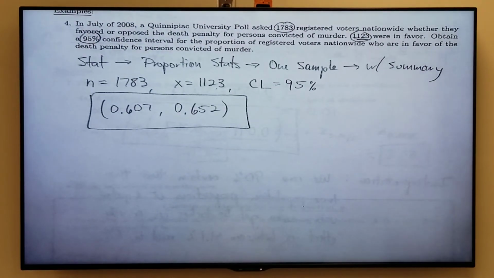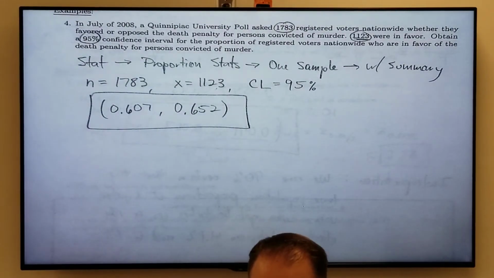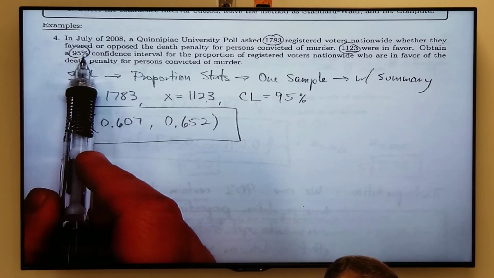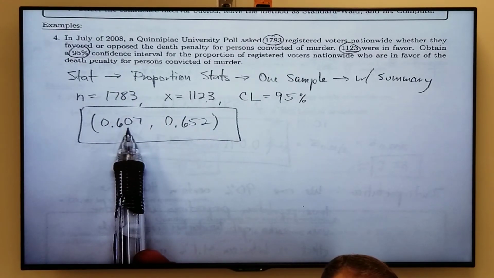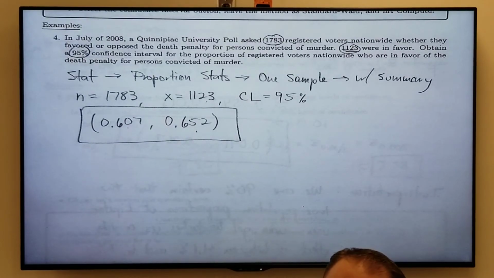Now, in this case, we weren't asked to interpret this interval, but I think it's worthwhile to think about the interpretation. The interpretation is we are 95% certain that somewhere between 60.7 and 65.2% of people would be in favor of the death penalty.